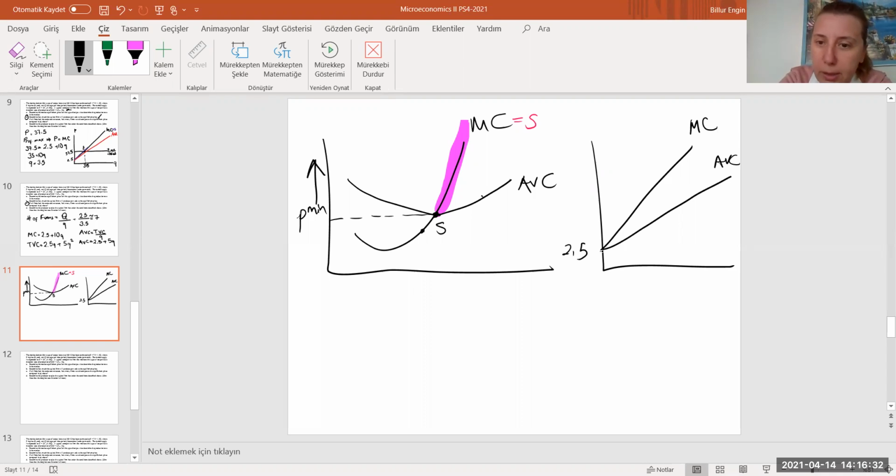For any price higher than 2.5, the firm is willing to supply that good. So entire marginal cost in that case is the firm supply function. So yes, minimum acceptable price in that case is 2.5 or higher than 2.5, let's say. The firm wants to supply that good. You are right, Melissa, in that case.